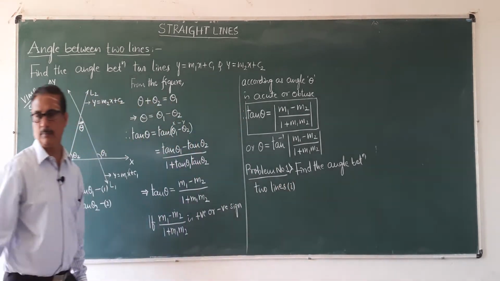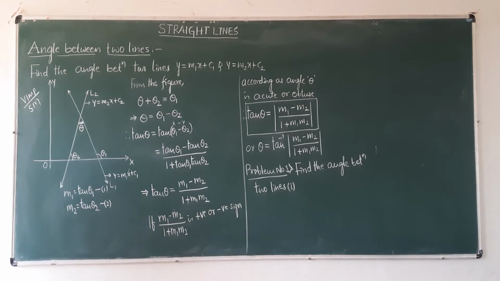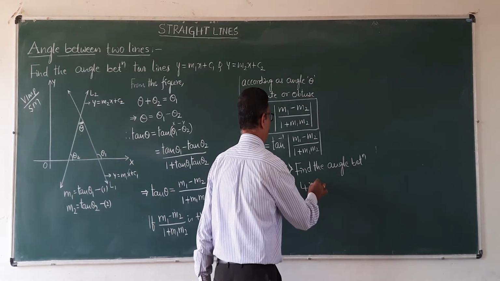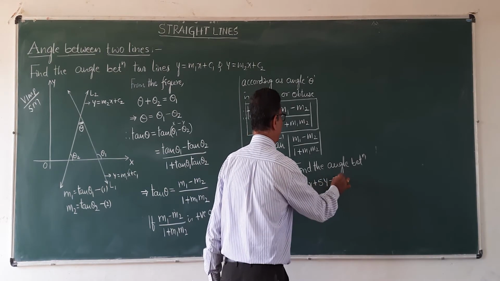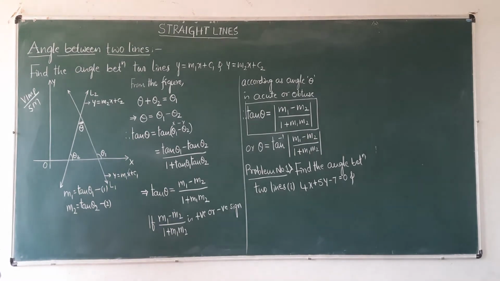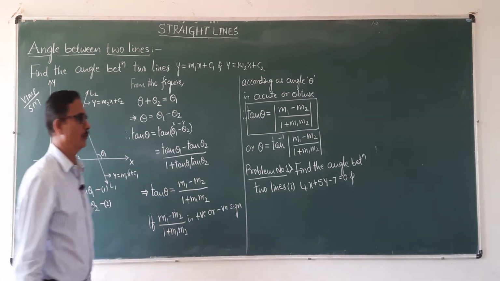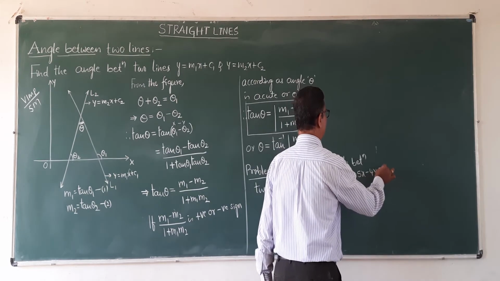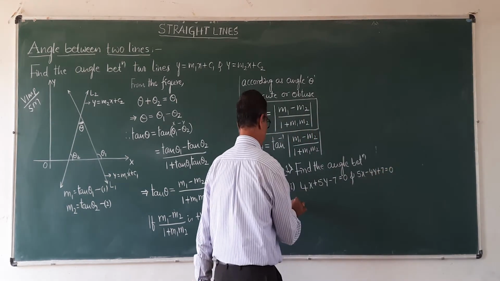First one: 4x plus 5y minus 7 is equal to 0, and another line 5x minus 4y plus 7 is equal to 0.